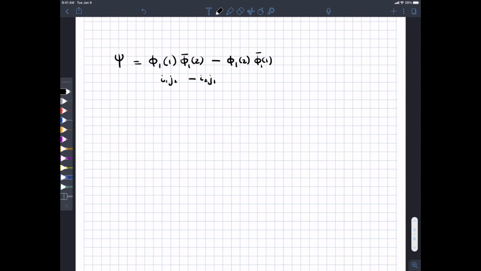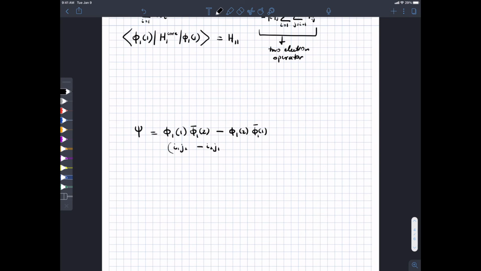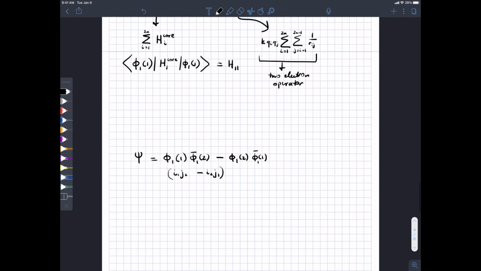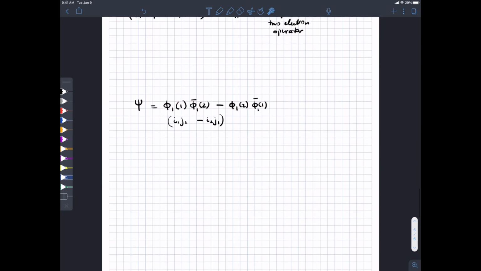All right. So let's see what happens when we take this quantity and apply it to that two-electron operator. Because the core Hamiltonian is just a one-electron operator, the fact that it's a Slater determinant doesn't matter. Everything that's not the one electron gets eliminated from the expression. But because you've got a two-electron operator here, you've got to consider the Slater determinant of the wave function.